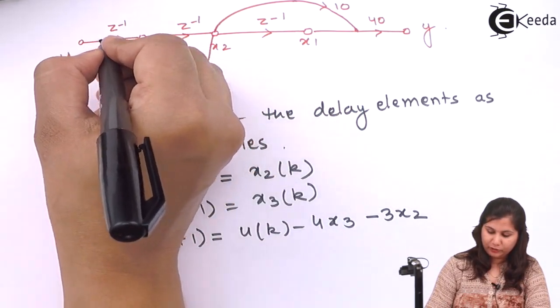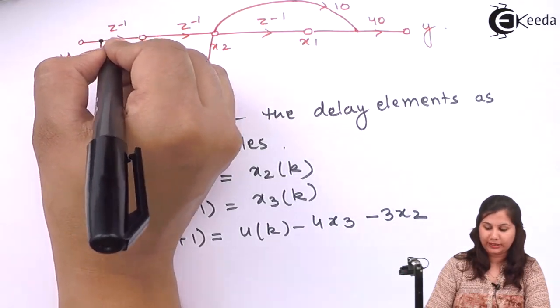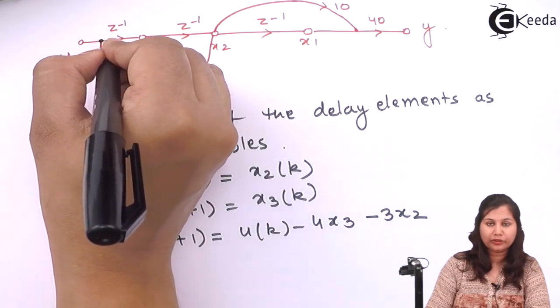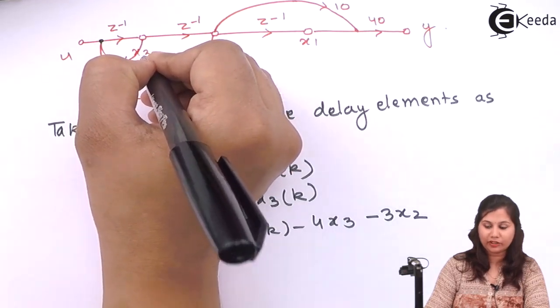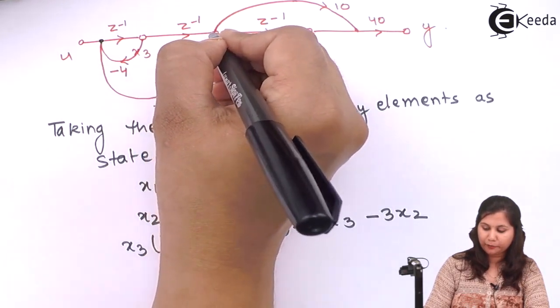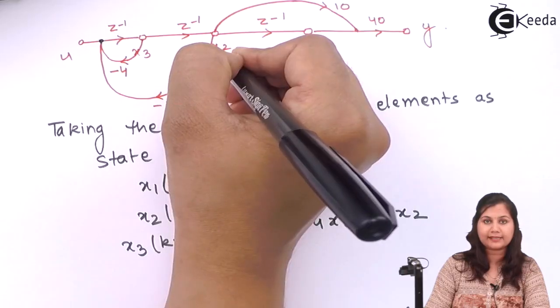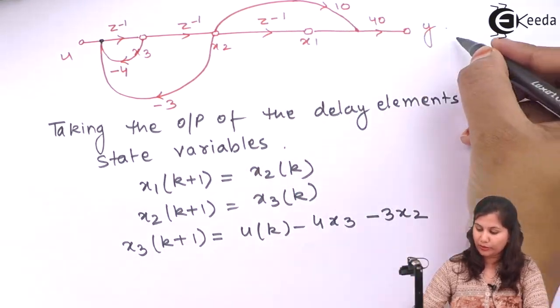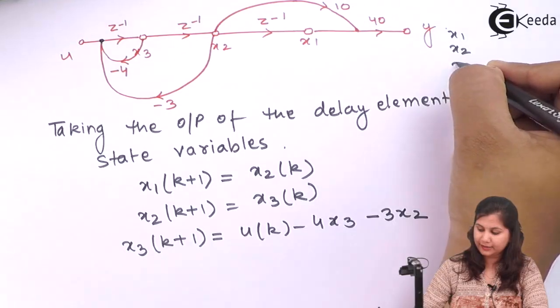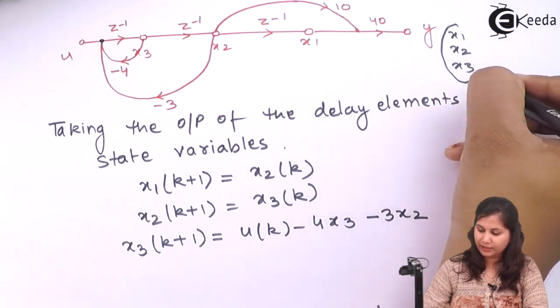So this will be equals to x3(k+1), that is the input to this unit delay, and the output of each unit delay is our state variable. This is x3, output of this unit delay is x2, and output of this unit delay is x1. So x1, x2, x3, these are the state variables.